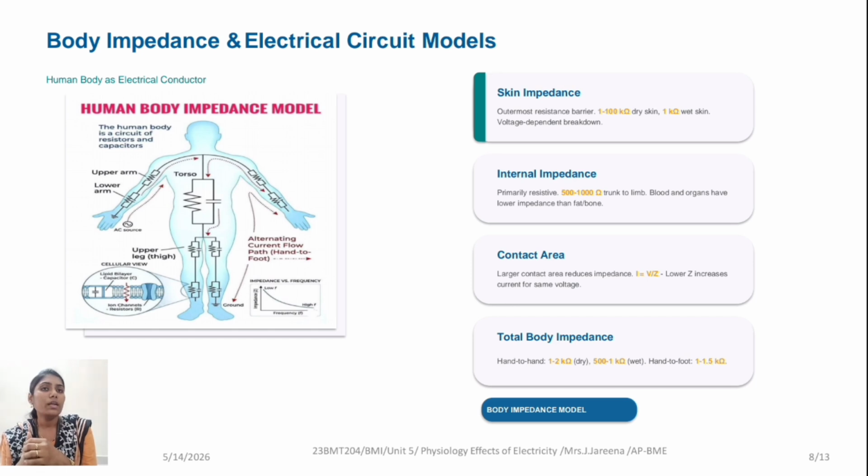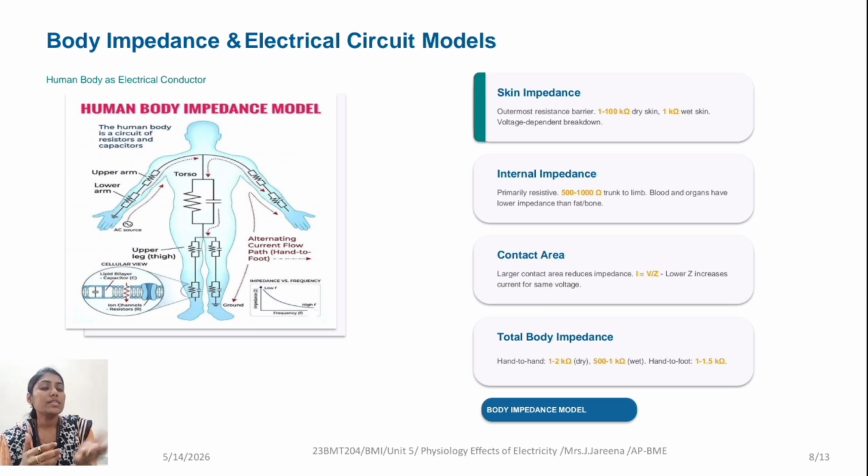Body impedance is also an important parameter, because here we consider the human body as an electrical conducting system, in which the skin offers a very good barrier. It resists the current flow. If the skin impedance is very low, it allows more current; if it is high, it resists more current.